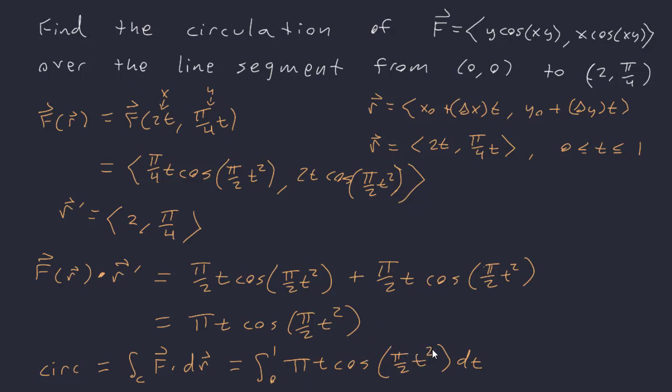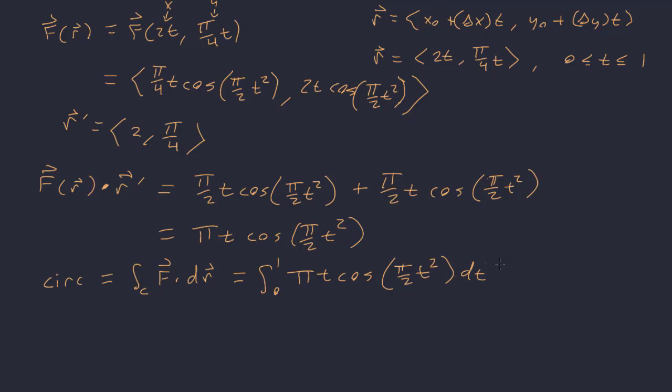Now this isn't terrible because we can actually set up a quick u substitution, only because we have a t out here and a t squared in here. For our quick u substitution, I'll leave the pi t there, and then the integral of cosine is sine of the stuff divided by the derivative of the stuff, which will be pi t, which cancels nicely.